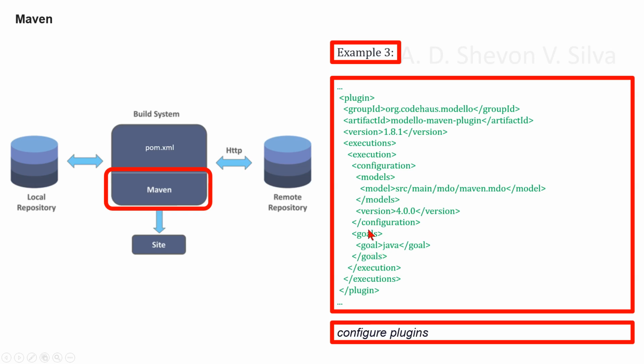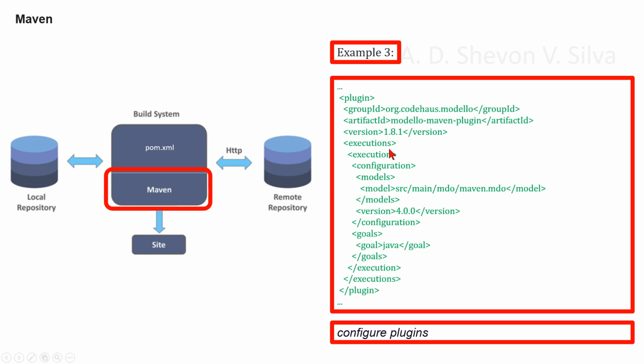Separate executions can also be given an ID so that during inheritance or the application of profiles, you can control whether goal configuration is merged or turned into an additional execution.